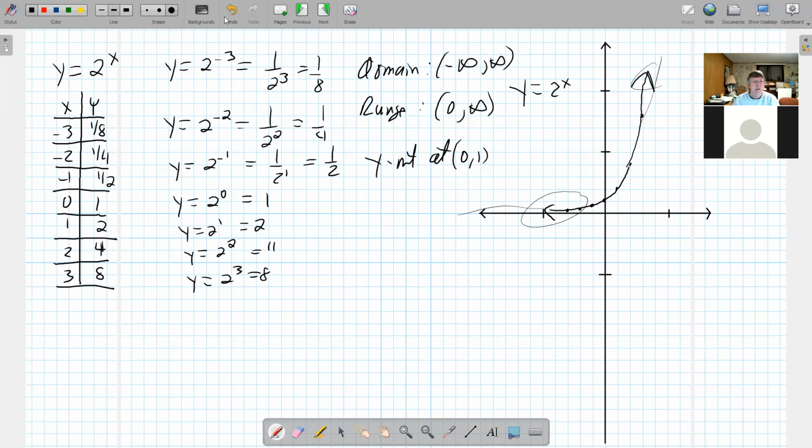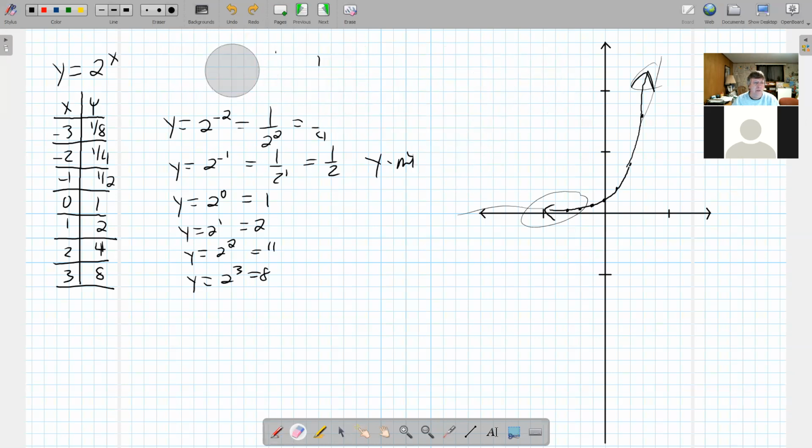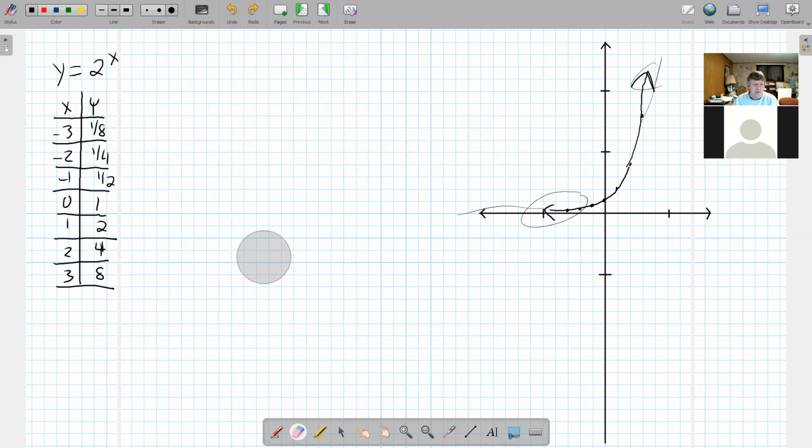Okay. What I want to do now is go back here and let's graph a second graph on that same grid. Let me get rid of those things I circled there just a bit.